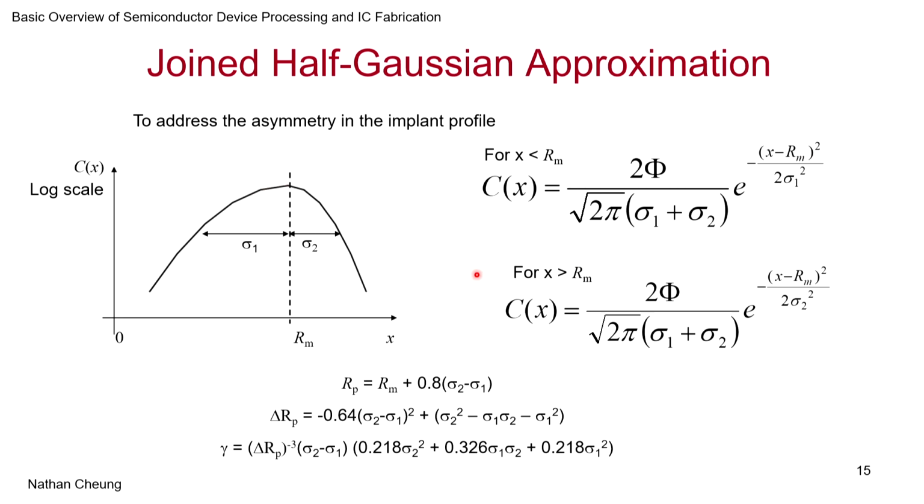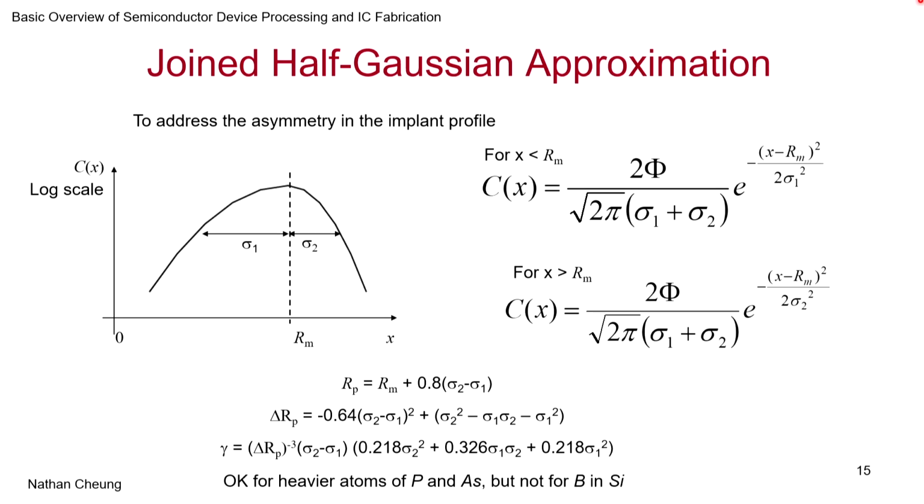So you can see that in this particular case, the RP ends up becoming 0.8 times sigma 2 minus sigma 1. Okay, and delta RP is this, gamma will be given by this. So essentially, you are using one more parameter to try and fit it better.